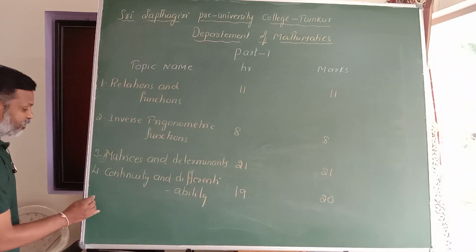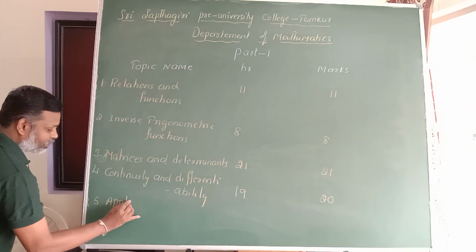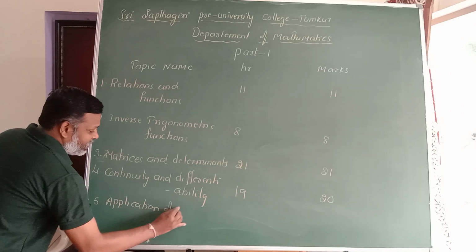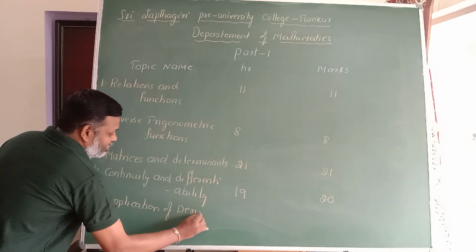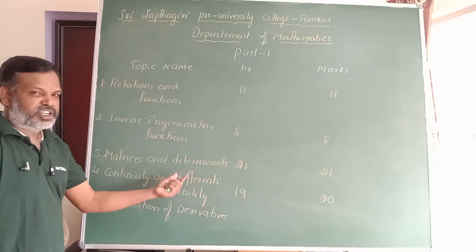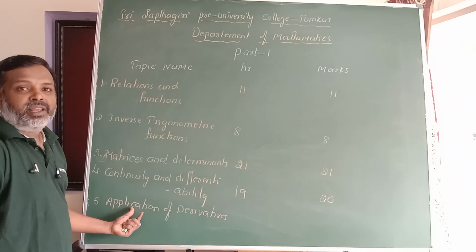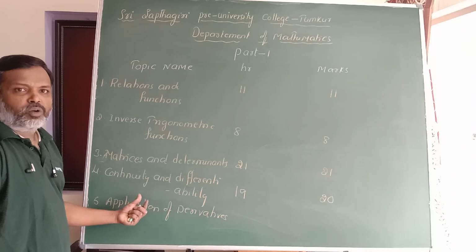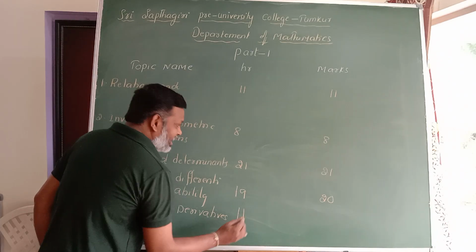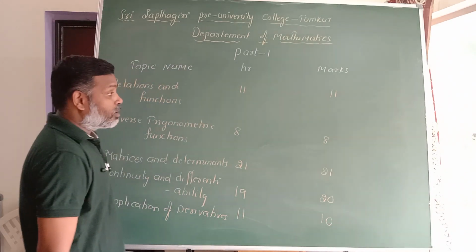And the fifth one is application of derivatives. Where do we use the applications of the differentiation we have done? It has statement-wise problems and many concepts, 11 hours of teaching, and carries 10 marks in an examination.